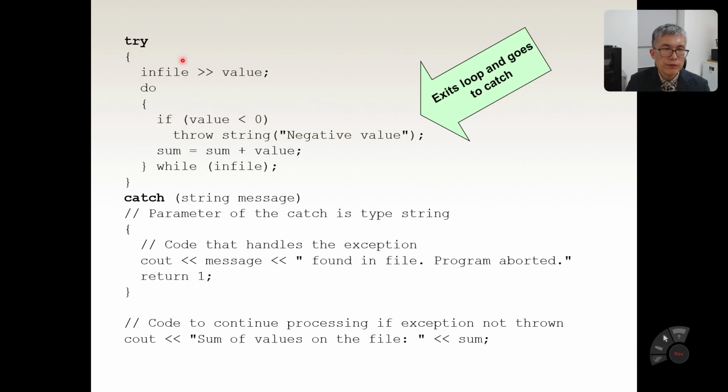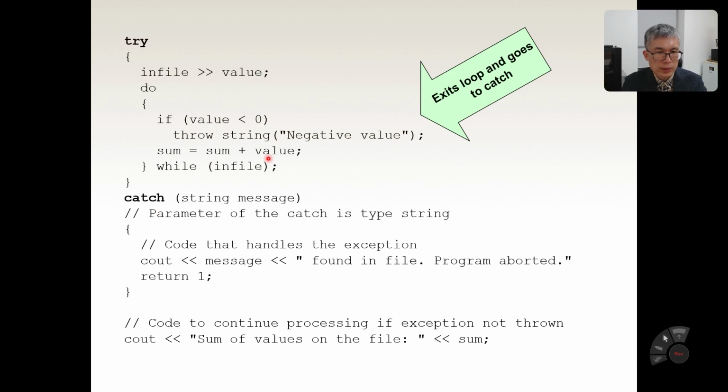So in the file the values are stored, and then from the file the value is retrieved, and if the value is less than 0, meaning a negative value, right, that is true and the throw is executed.